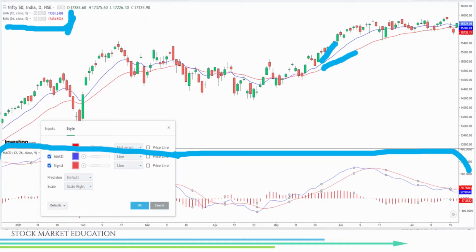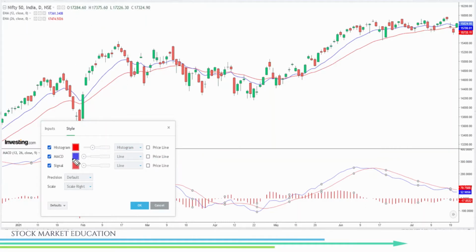The histogram is marked in red bars. Then MACD is the blue line over here, and signal line is the red line. The readings I've kept are the default ones, 12, 26 and close 9. So these are usually the default readings.